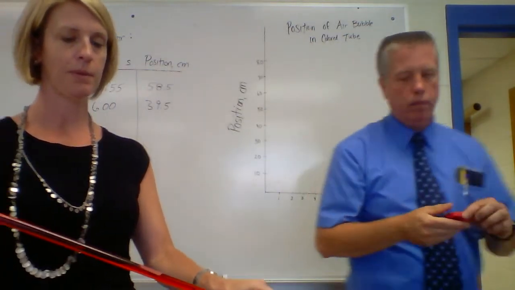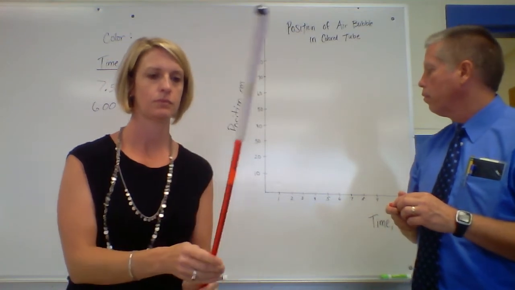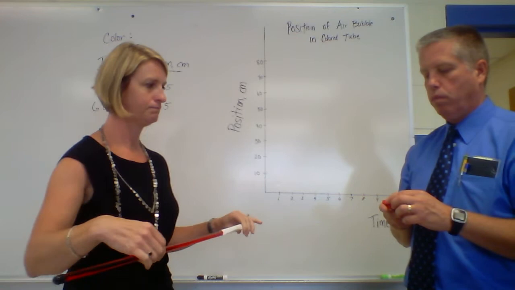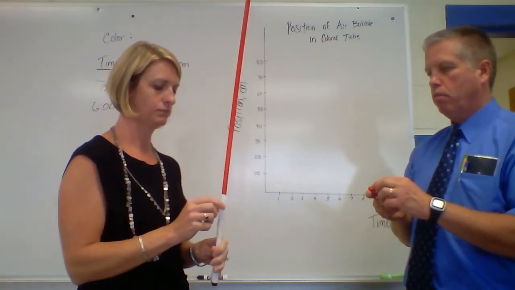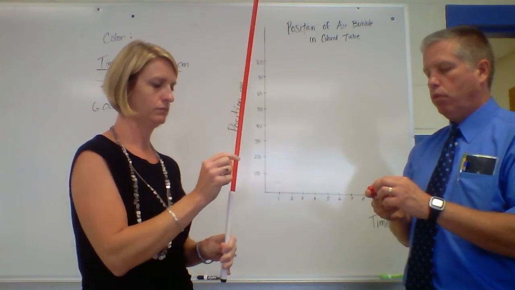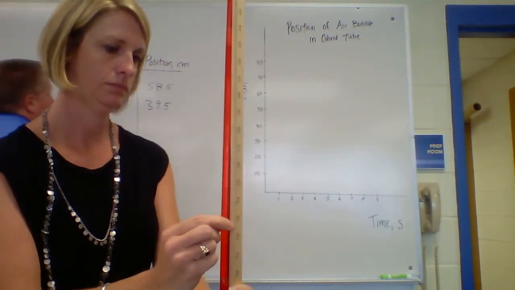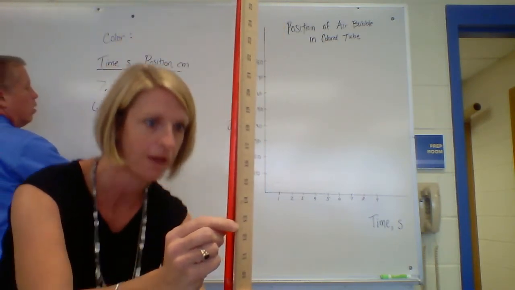Again, I want to get the bubble back up to the covered end. Okay. Ready? Go. Stop. 3.81. And at that time, the bubble was at the 32.5 centimeter mark.